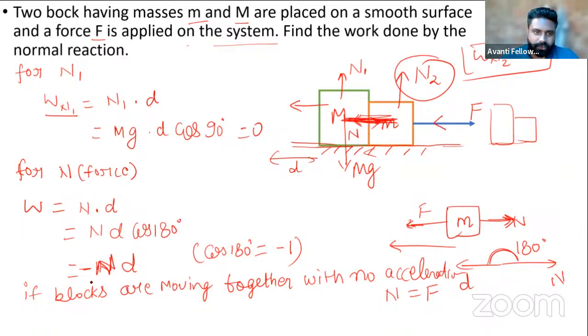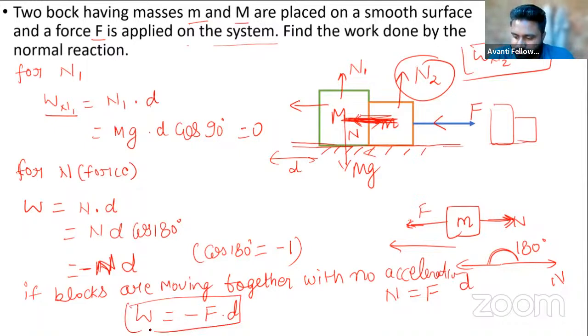So for that you can say that work done is nothing but equal to minus F dot d, F d only. So I hope you are clear with this question.